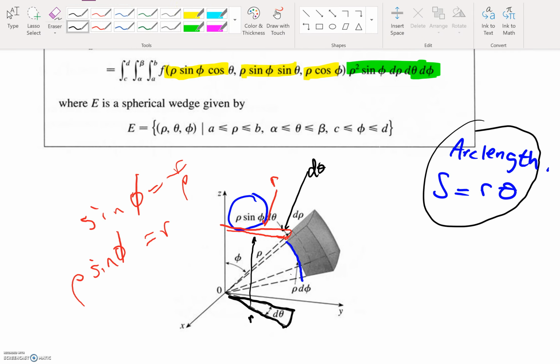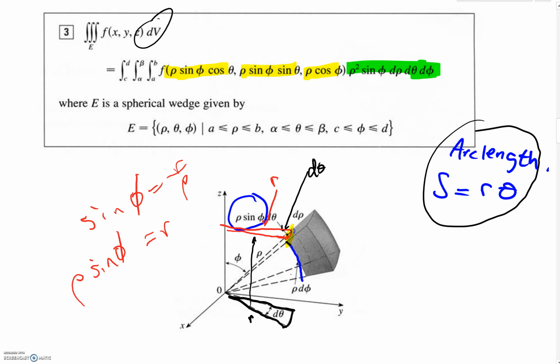If you wanted to find this component right here, just in yellow, that dimension of that little cube of volume, well, you're going to say r times theta. So one of those dimensions that you're going to have is going to be your r.